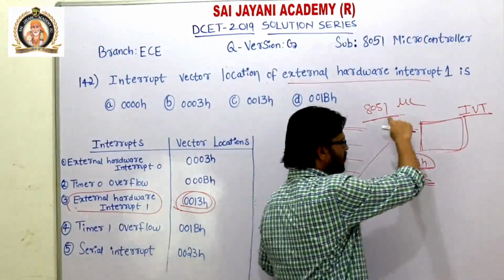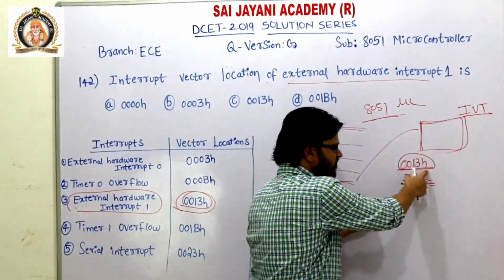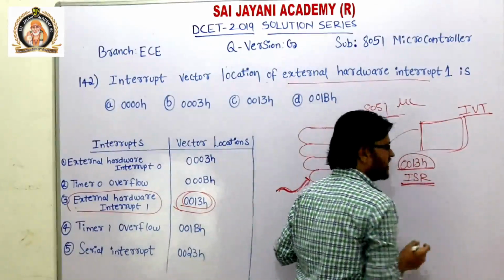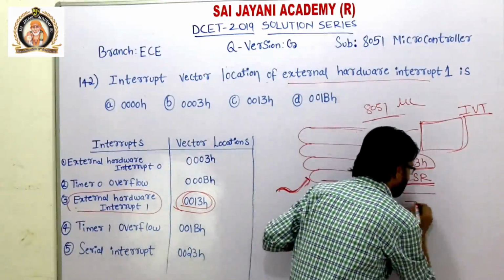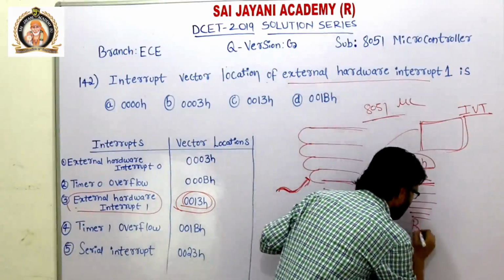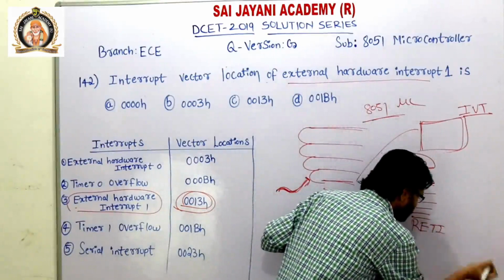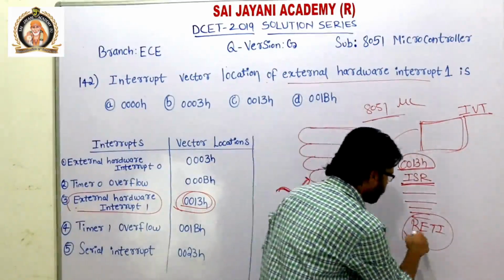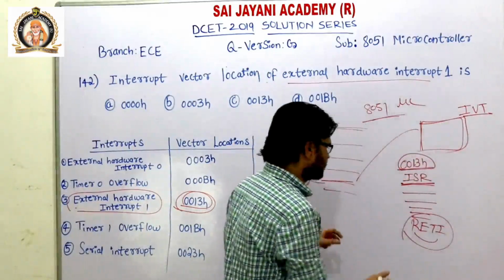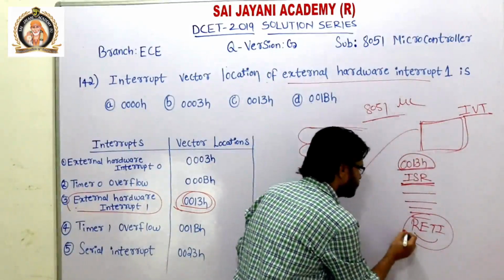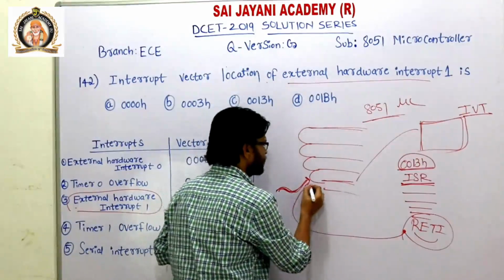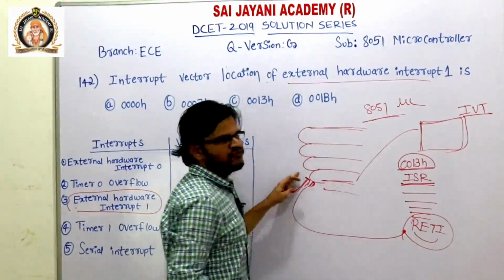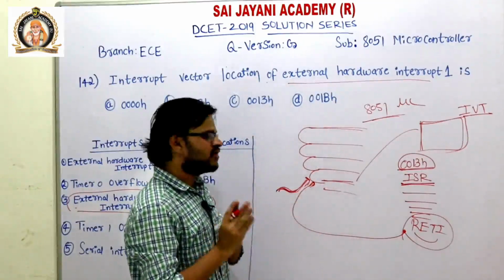Then the microcontroller jumps to this location and starts executing the interrupt service routine up to the RETI instruction. When the 8051 executes the RETI instruction, it comes back to the instruction where it was disturbed or stopped.